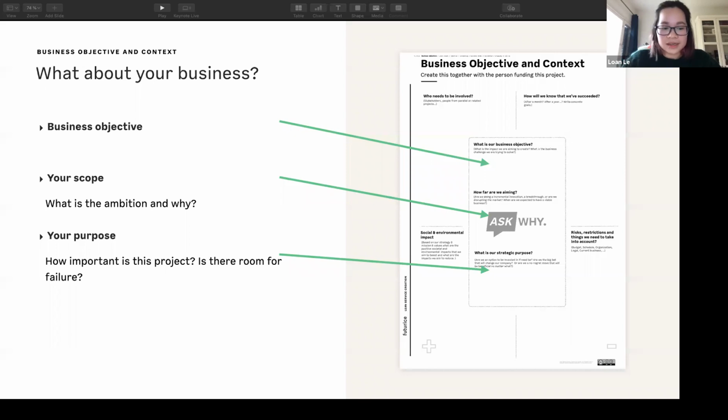How important is this project? Is it experimental? Does it need to succeed? Or is it okay to fail? It's good to clarify it here so that it helps you to assess your achievement later on.